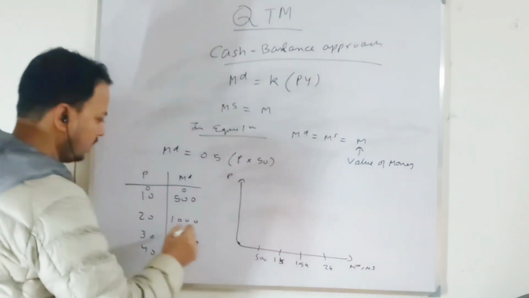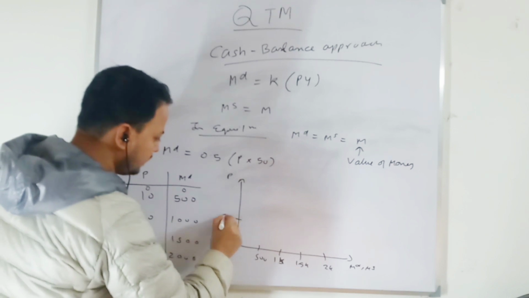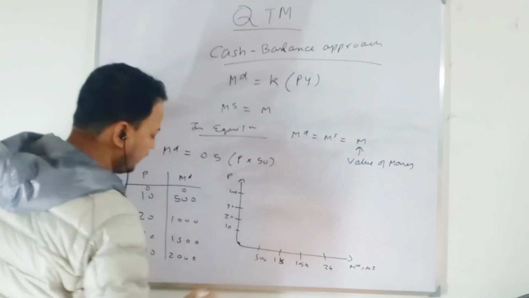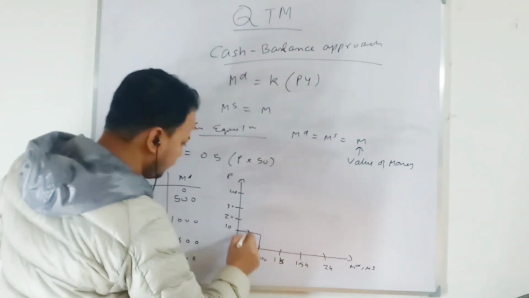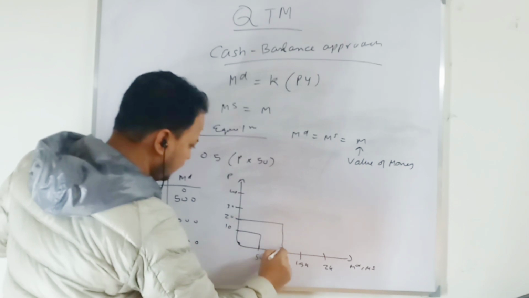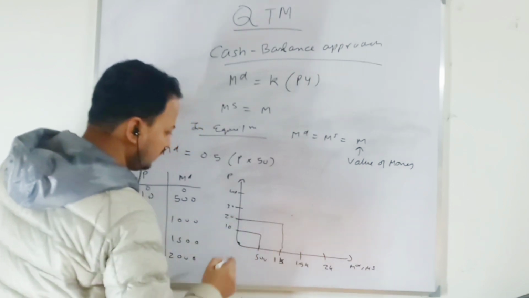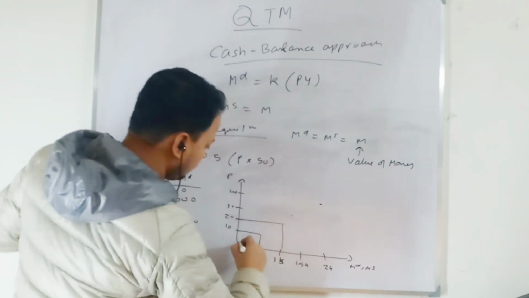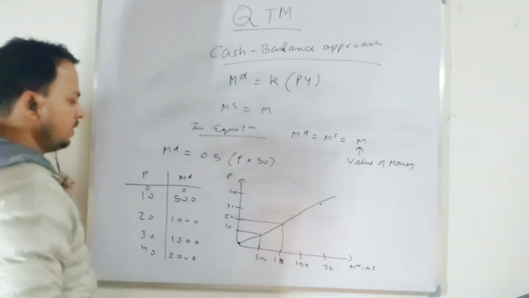And then you have 10, 20, 30, 40 on the axis. Keep equidistant. When price level is 10, your money demand is 500, 20 is 1000. Similarly, you join the points. Write it properly. So I will get a proportional relationship between money demand and price level.